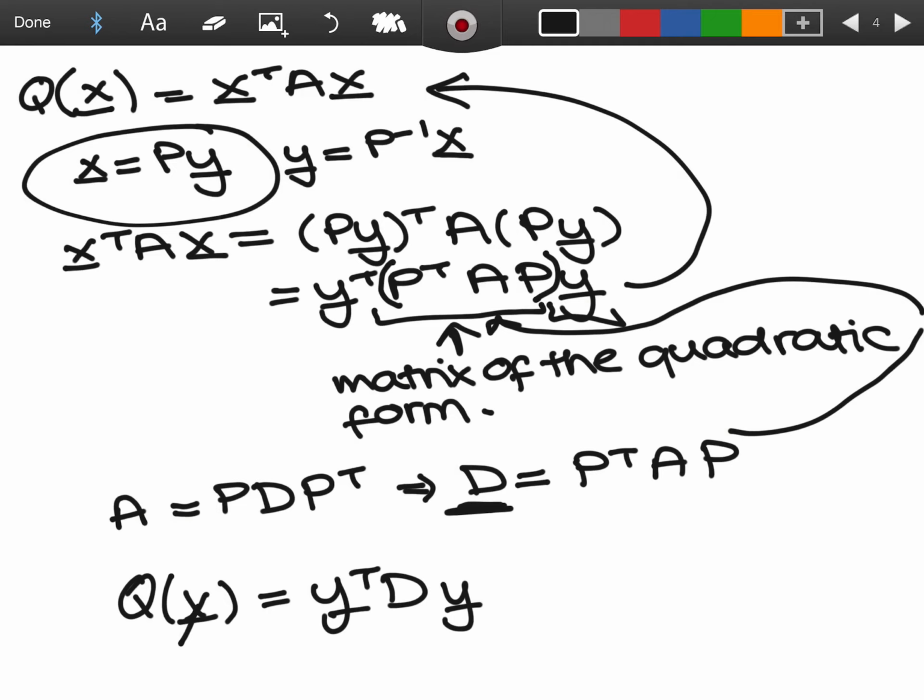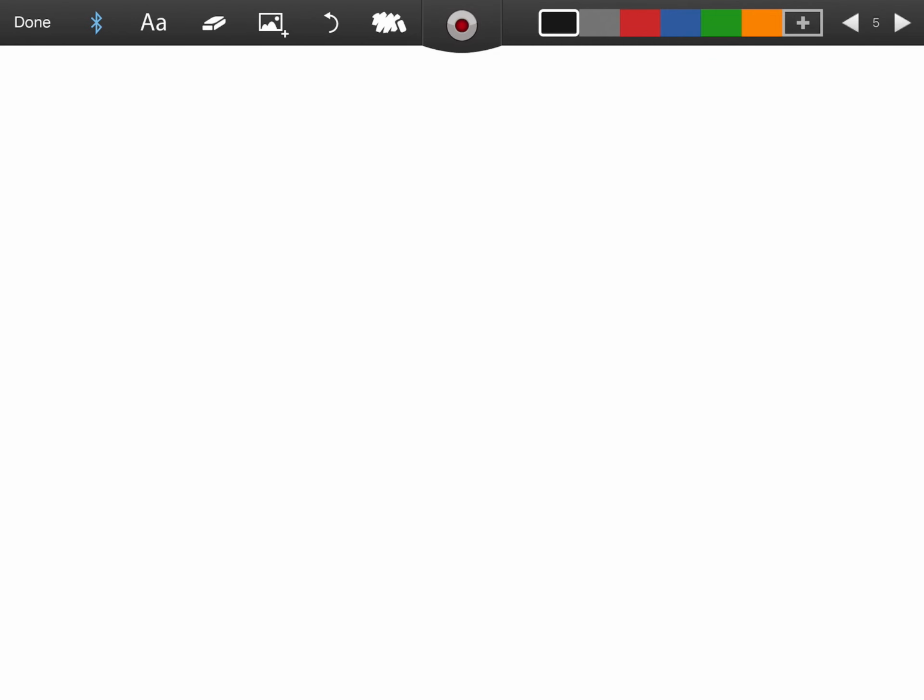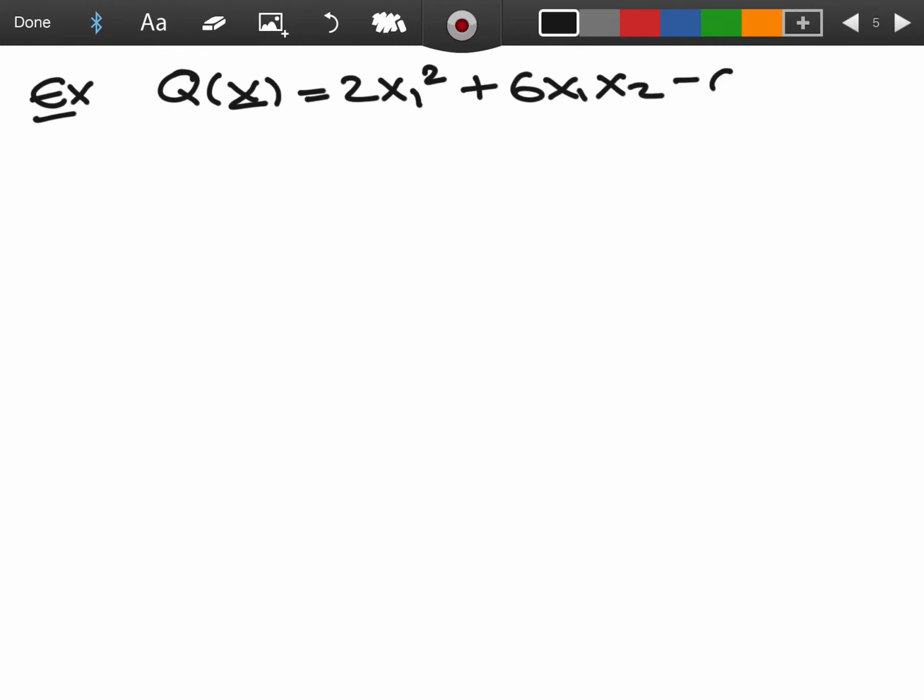So let's go ahead and do one of these change of variable problems. For an example, let's say that I have this quadratic form Q of X, and that's going to equal 2x1 squared plus 6x1 x2 minus 6x2 squared.